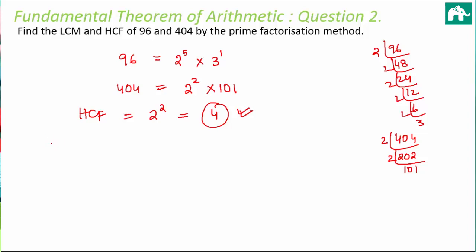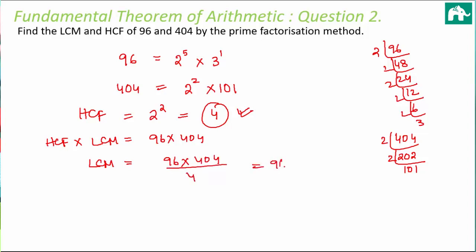Now we know that the product of HCF and LCM is equal to the product of the two numbers. So using this relation, we can calculate LCM, which will be equal to 96 into 404 divided by 4, which is equal to 9696.